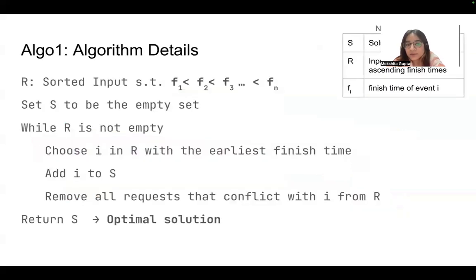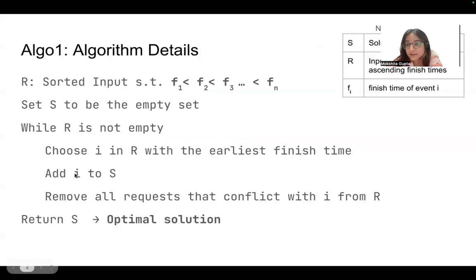The algorithm that you would use is the interval scheduling algorithm, where we begin by sorting the input with the earliest finish times first. We initialize an empty set, which is going to be a returning set, and we start iterating over our sorted input pool. While this sorted pool is not empty, we will pick the event with the earliest finish time, and as I said, the sorting makes this easier.